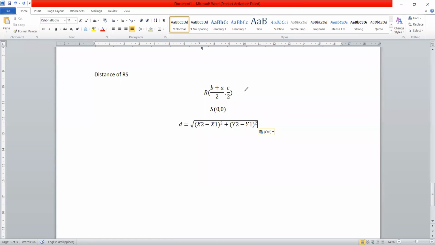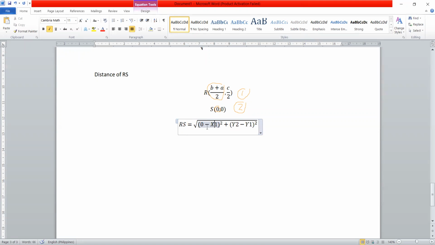So let's say this is your point 1 again, and then this is your point 2. So let's just substitute. So this should be your RS.